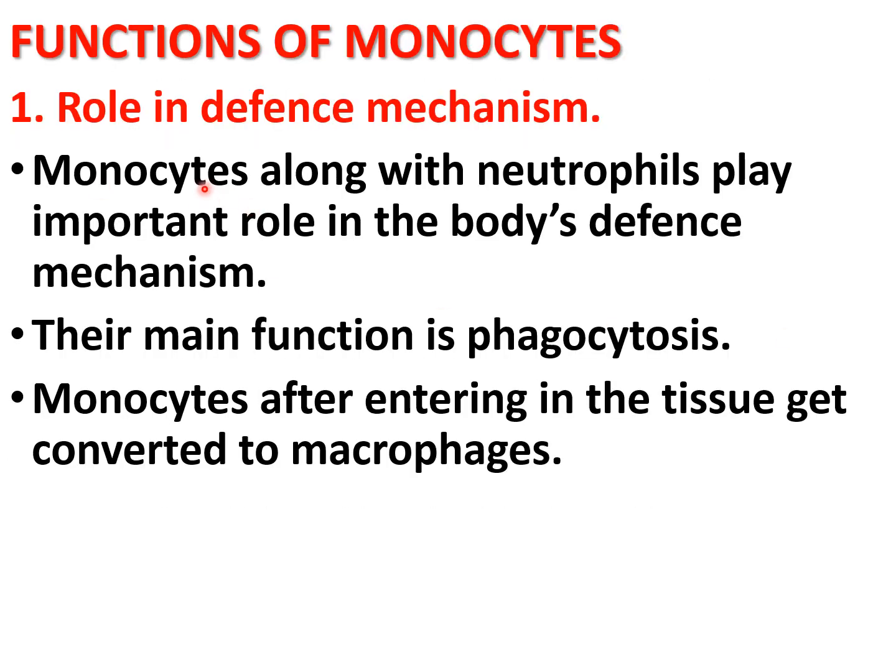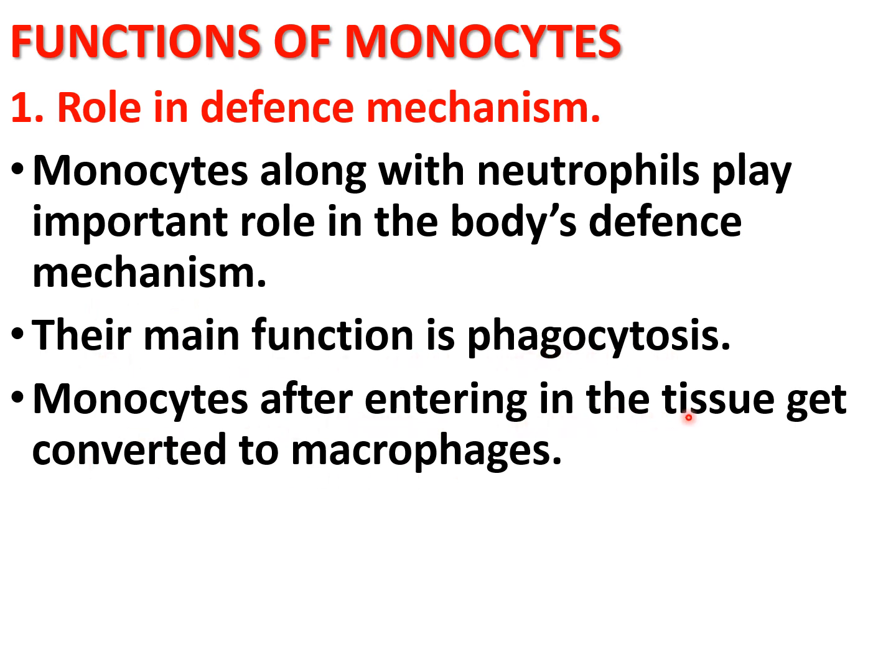Then monocyte. What are the functions of monocytes? Its first main function is role in defense mechanism. Monocytes along with the neutrophil play an important role in the body's defense mechanism, and their main function is phagocytosis.